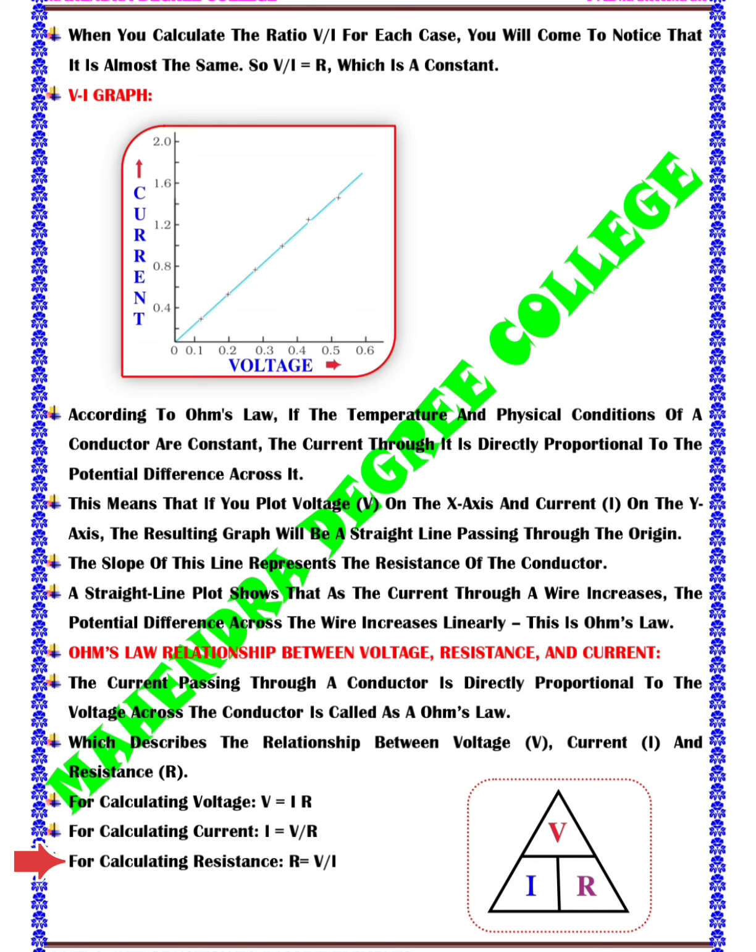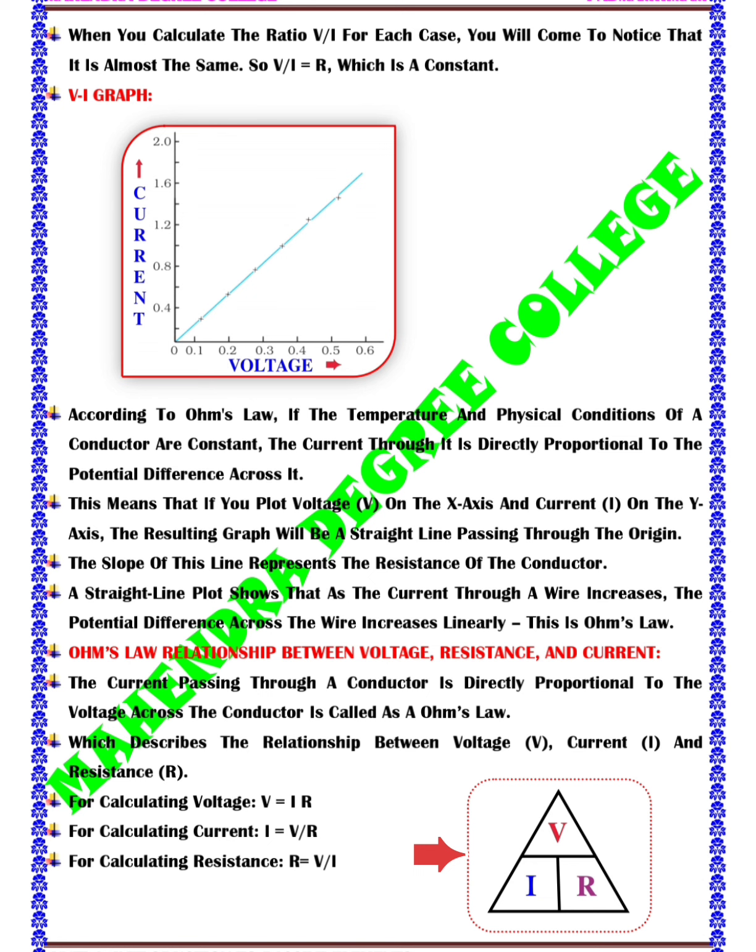You can also say that your voltage is equal to your current multiplied by your resistance, or V equals IR in equation form, with R equals V divided by I. The image represents Ohm's law, a fundamental principle in electrical circuits.